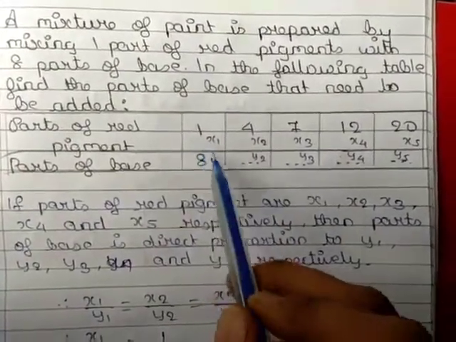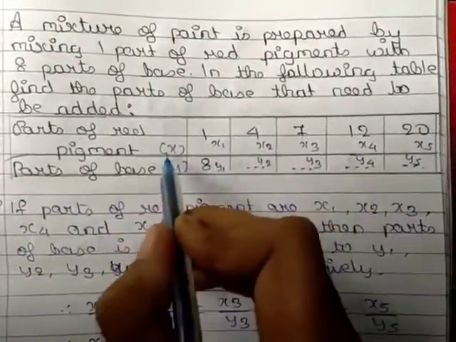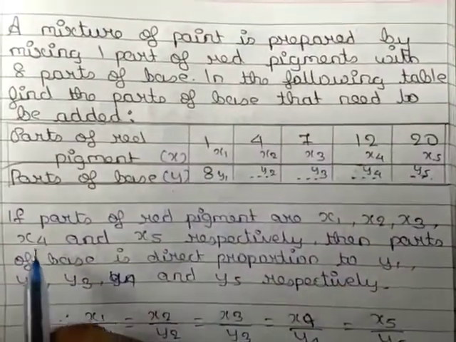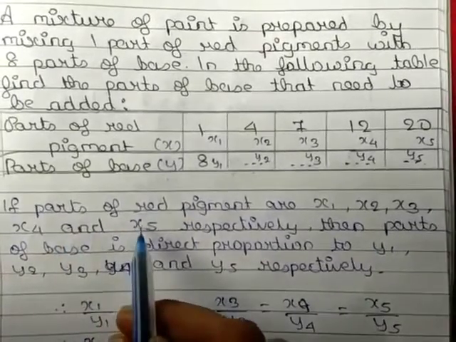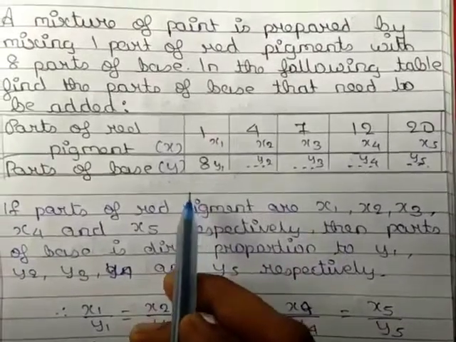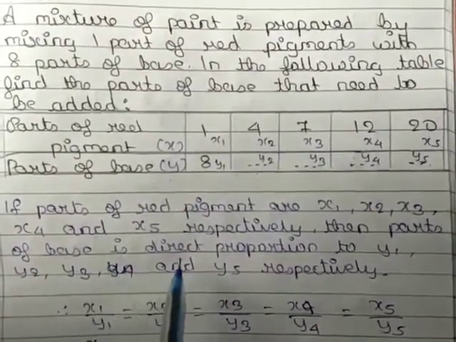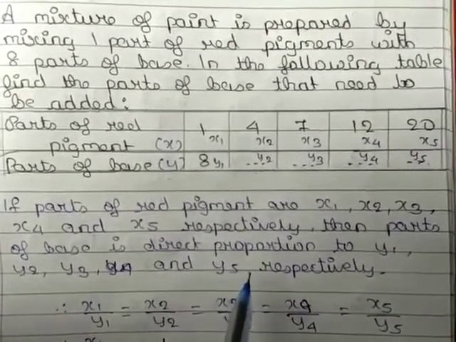Here this will be x and this will be y. So when one value, that is x, is increasing, y is also increasing. If parts of red pigment are x1, x2, x3, x4 and x5 respectively, then parts of base are also increasing. So it will be a case of direct proportion. Parts of base are y1, y2, y3, y4 and y5 respectively.